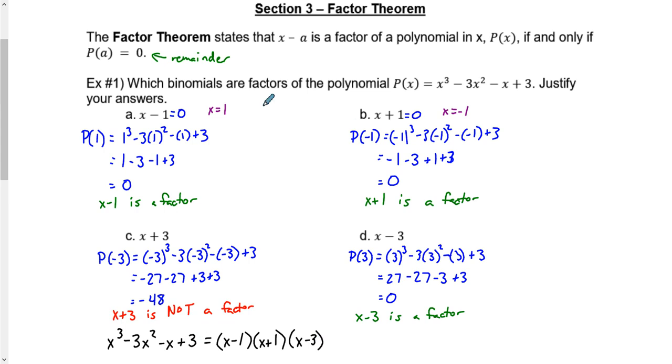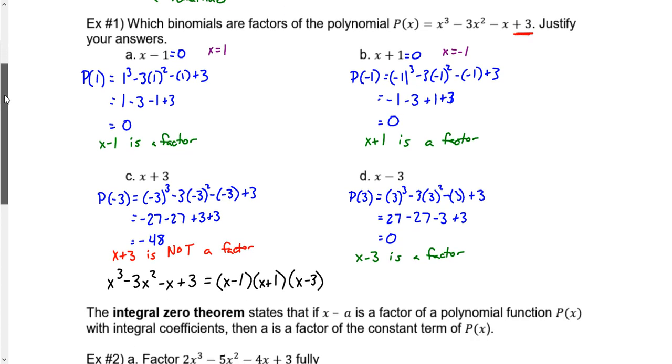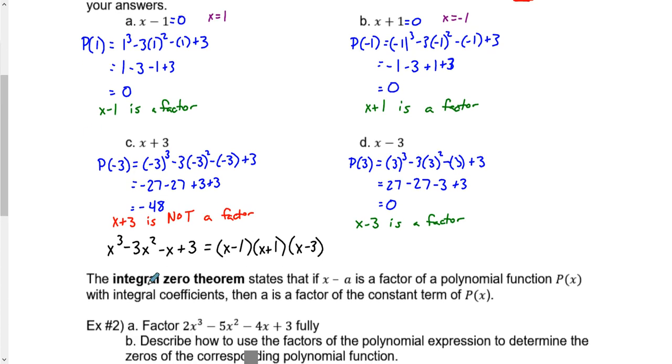The second reason that I chose those ones is for this numerical reason. And that numerical reason is the integral zero theorem. It states that if a binomial is a factor of polynomial p of x with integral coefficients, then a is a factor of the constant term.